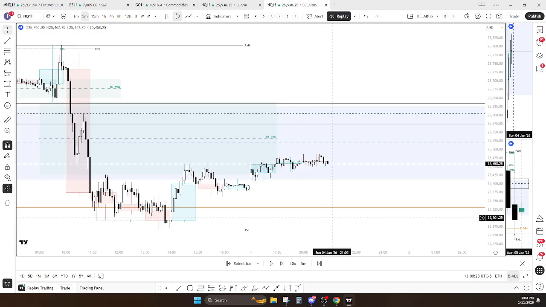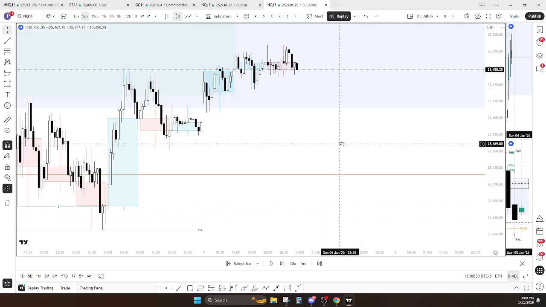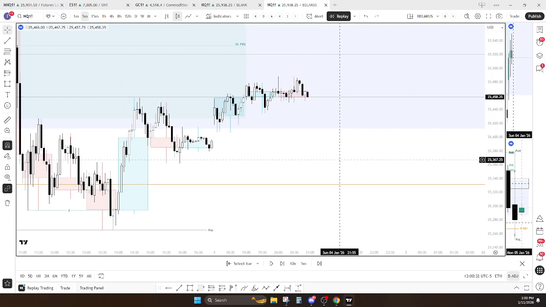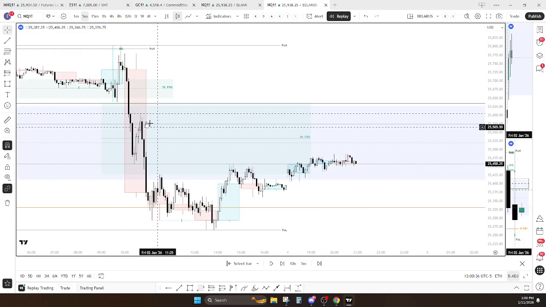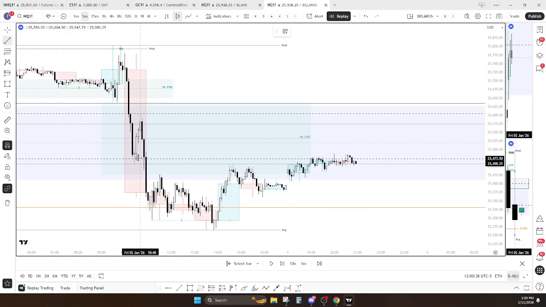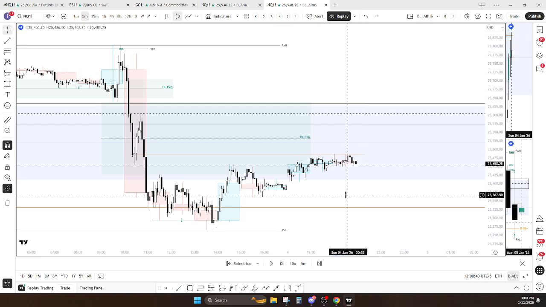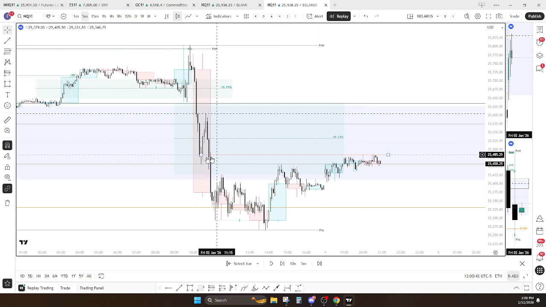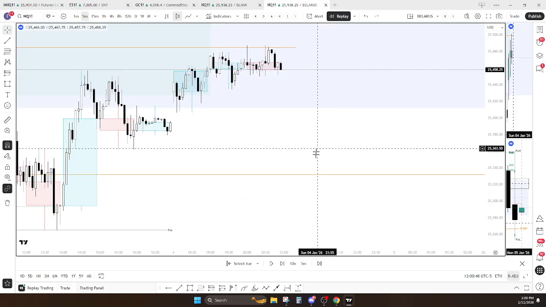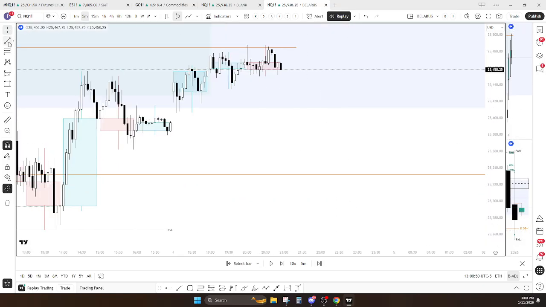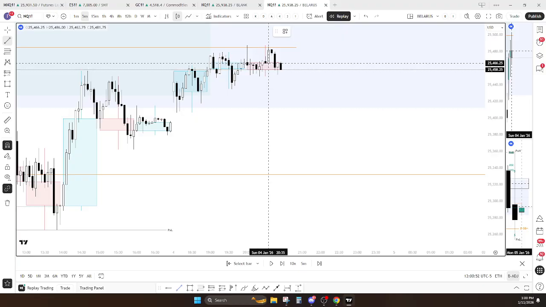It's kind of fun waiting for the anticipation of a CISD. Okay, so we do have a candle sweep here, and we're trading into this 5 minute OB back here, which is not a 1 hour order block, as you guys can see. This is a 1 hour fair value gap, and we have not reached premium. Again, I just want to pose the question to you guys: do you want to take this trade?